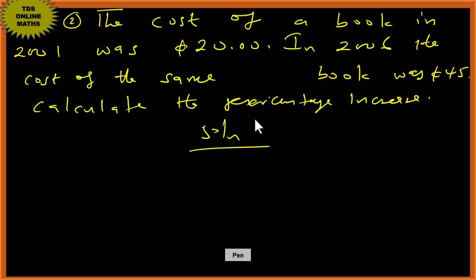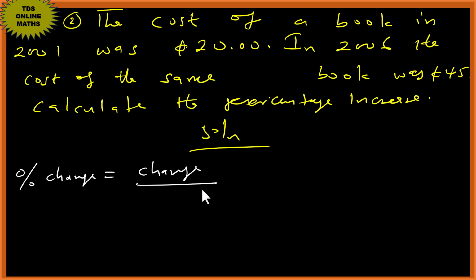Calculate the percentage increase. So the formula is percentage change is the change, or the difference, over the original quantity times 100.